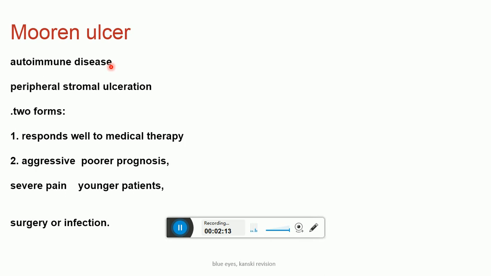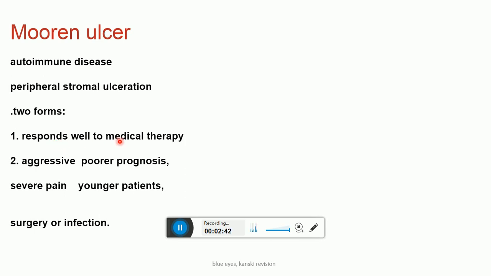It is a rare autoimmune disease characterized by progressive circumferential peripheral stromal ulceration with later central spread. There are two forms. The first affects mainly older patients, often in only one eye, and usually responds well to medical therapy.